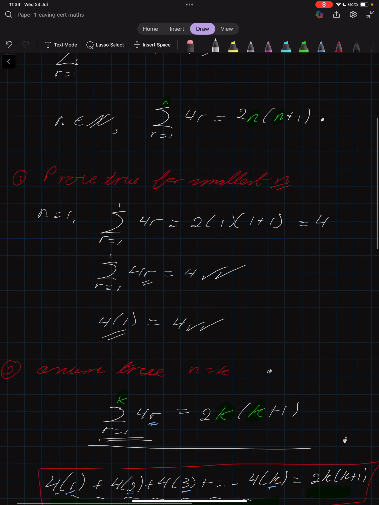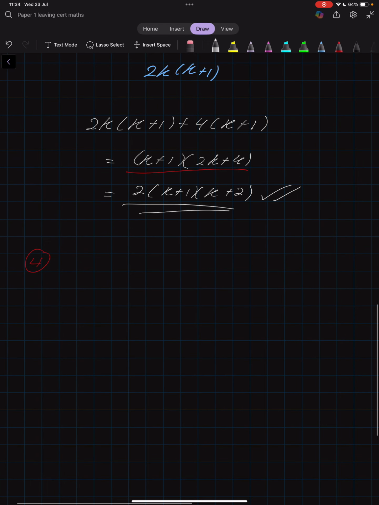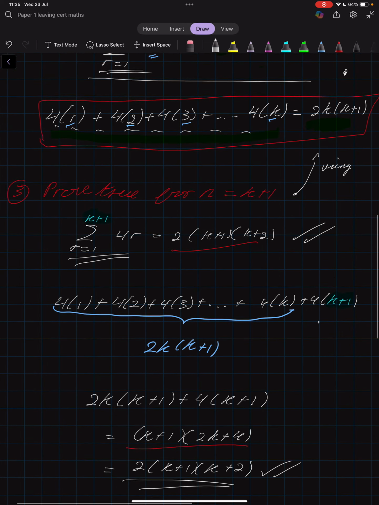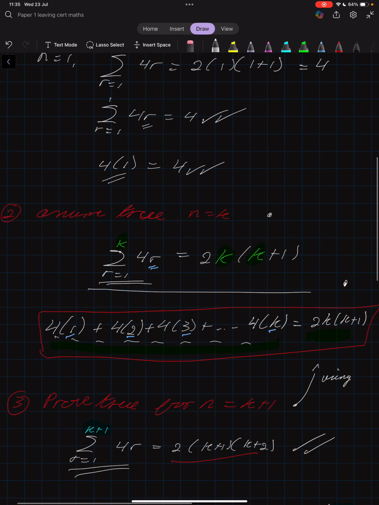But basically the reason it's true is because, so what have I shown? I've shown that it's true for the smallest n, which is 1. I've shown that if true for one number, then it's true for the next. So basically what I've shown is, I've said, okay, assume that it's true for n equals k.